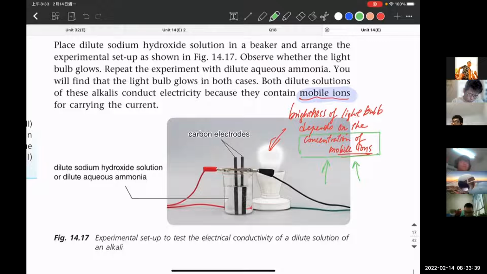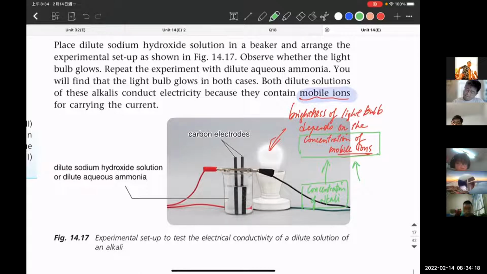The choice of the alkali. Maybe use a more concentrated alkaline. Good. Yes, that's right. So the concentration of alkali can affect the concentration of mobile ion. As said before, the more concentrated the alkaline, the more concentrated the mobile ions. How about another factor?